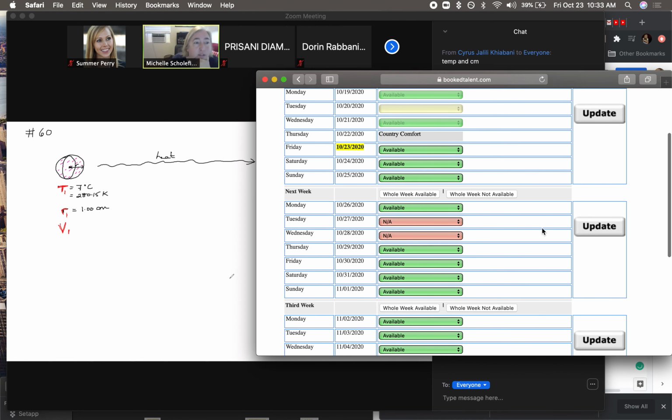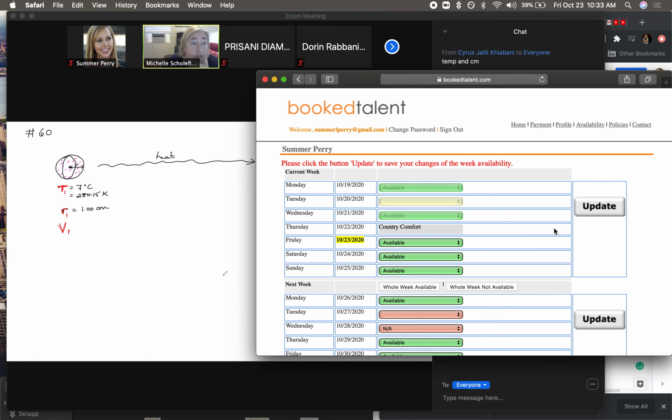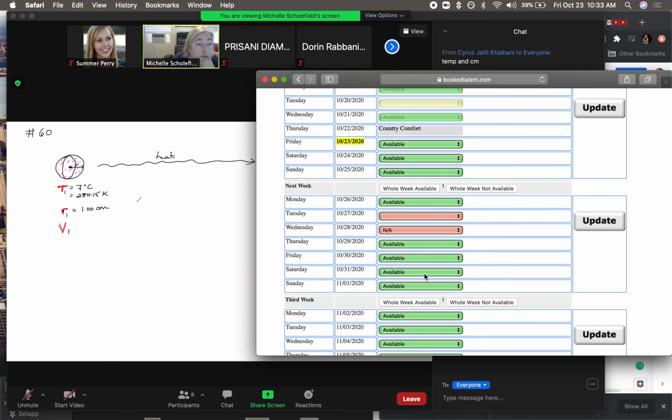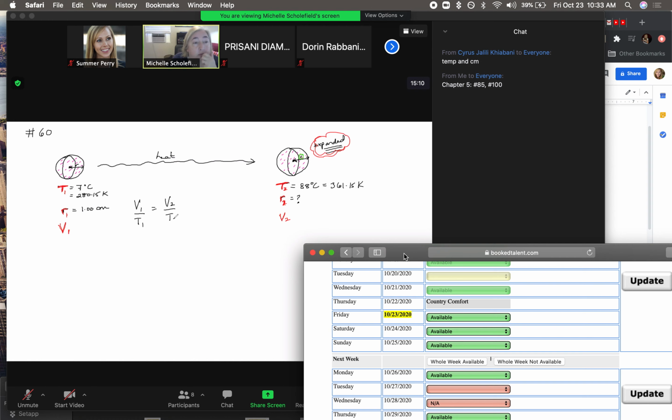We also know that when gases expand because of a temperature change, we're still dealing with good old Charles' law, V1 over T1 equals V2 over T2.